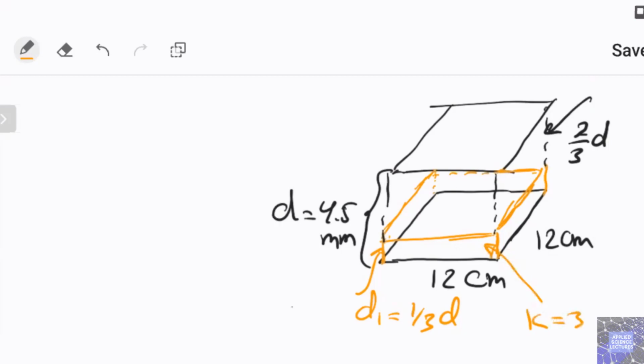K is 3.4. However, K for air is 1. This is the structure that we would like to find the equivalent capacitance for.